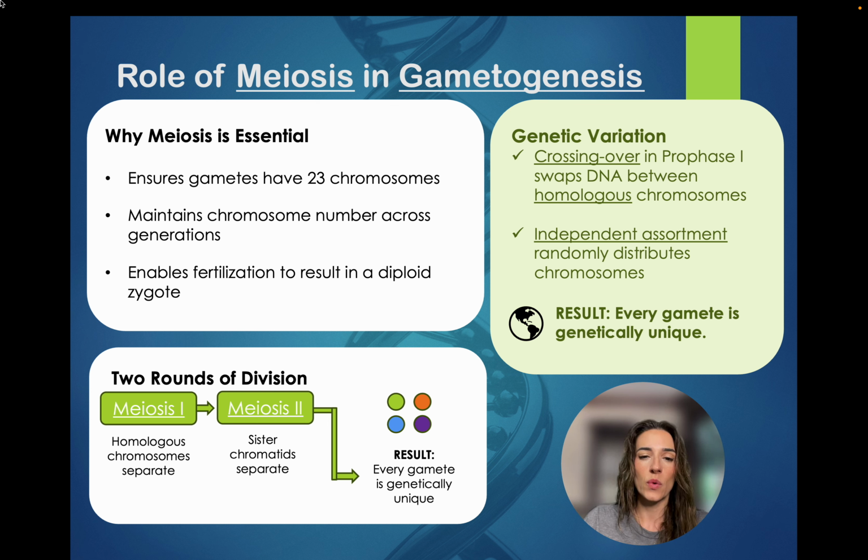This results in 4 genetically unique haploid cells from 1 diploid cell. But meiosis also creates genetic variation. In prophase 1, crossing over swaps DNA between chromosomes. And through independent assortment, chromosomes are randomly sorted into gametes. So each sperm or egg is genetically unique, and that's what drives diversity, adaptation, and evolution.